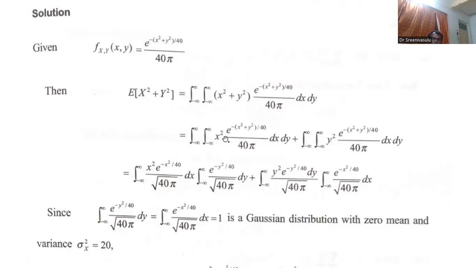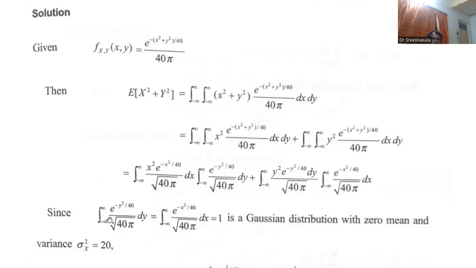If you write the Gaussian density function, f x of x is equal to 1 divided by root of 2 pi sigma x square into e power minus (x minus mu) square by 2 sigma x square into dx. So this formula is like a Gaussian density function. The area under a Gaussian density function is 1. So that is going to be arranged like this.